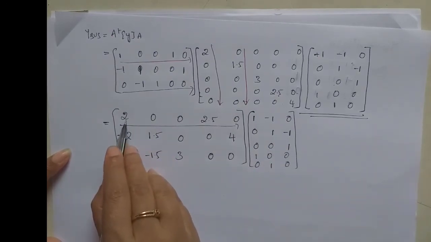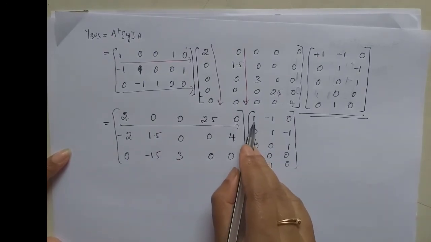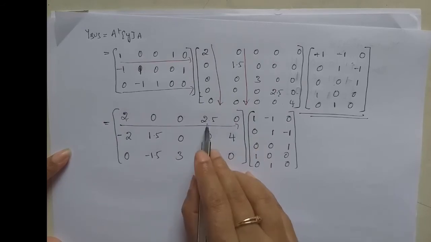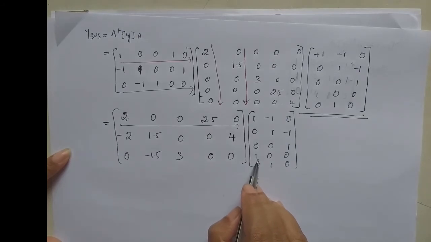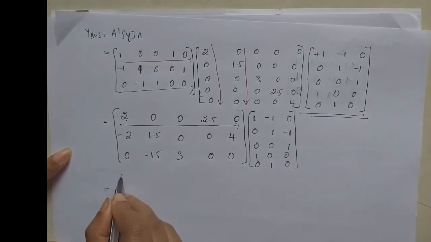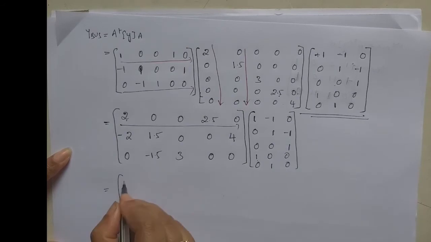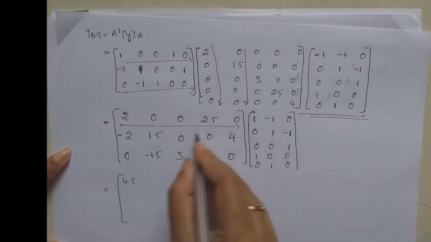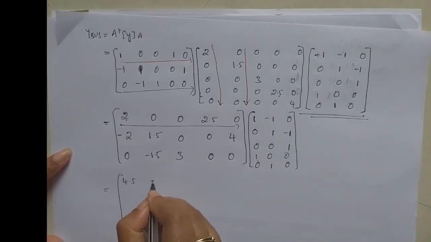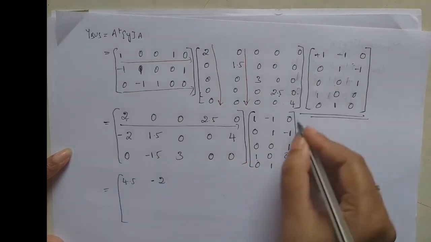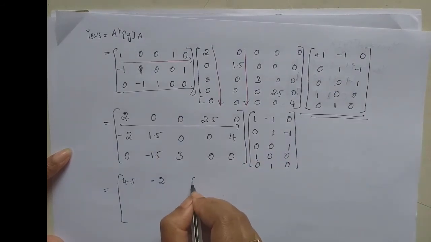Here first element is 2, a non-zero number. Here fourth element is 2.5, here fourth element is 1. So on multiplying, we get 4.5. First row with second column, it is minus 2. First row with third column, it is 0.